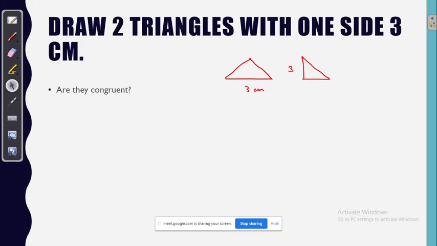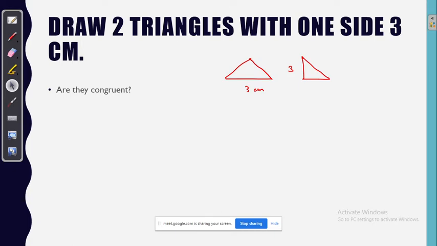See, I have drawn one equilateral triangle and one right triangle. Similarly, quickly draw and tell me whether your triangles are congruent. So have you finished?